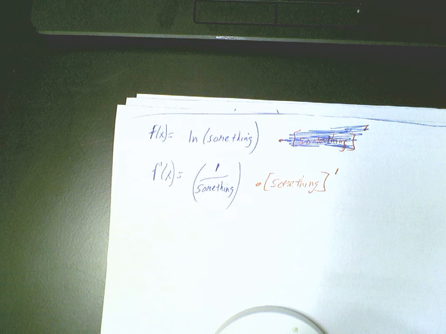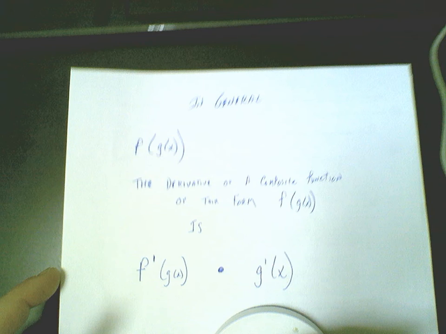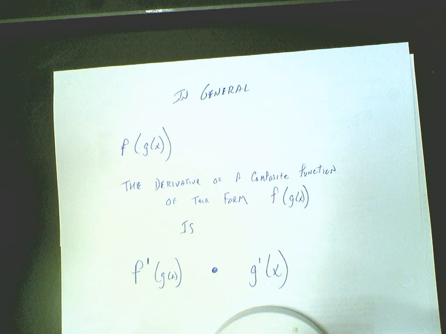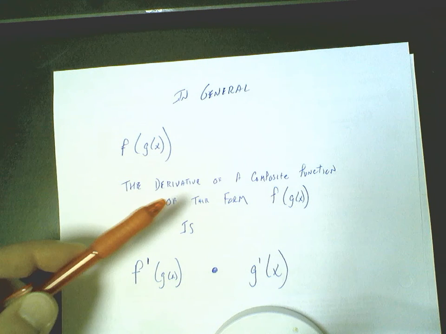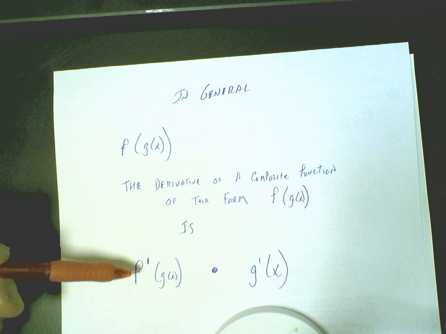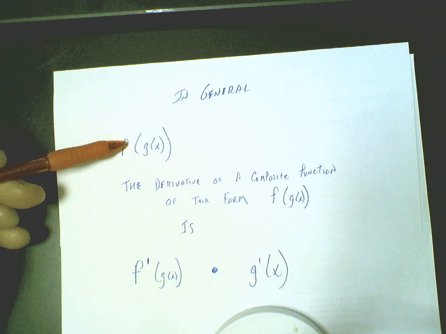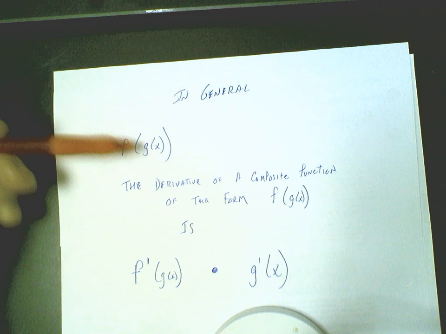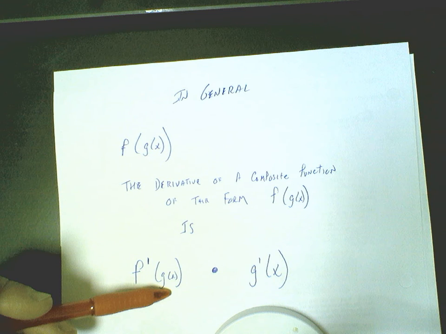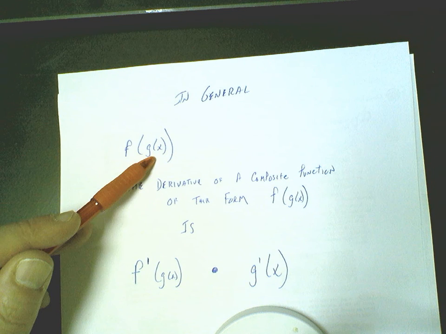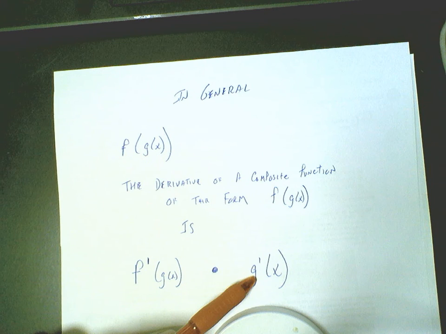If I have a function f of g of x, the derivative of a composite function of the form f of g of x is nothing more than f prime, whatever the derivative is of something. So in other words, I take the f function, take its derivative, evaluate it at g of x, and then multiply it by, hey, there's my something, g prime of x. That's the derivative of something.